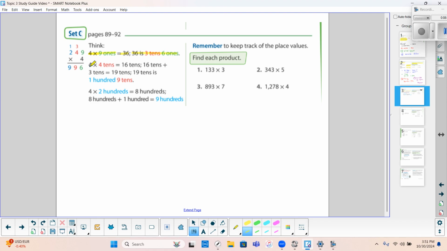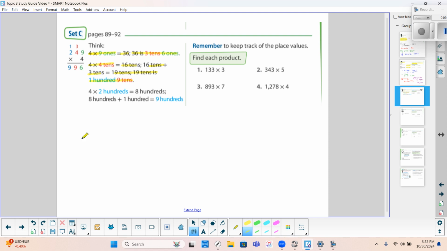Then you get 4 times 4 tens is 16 tens, plus 3 tens is equal to 19 tens, which is 190.